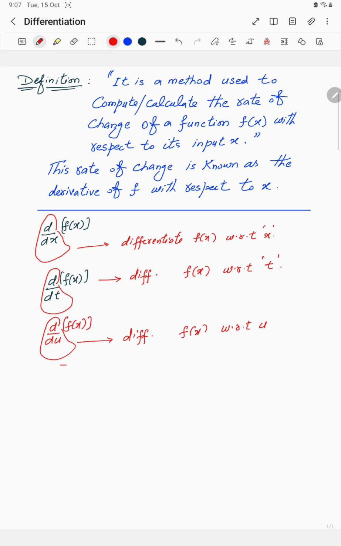And before we start the detail of this, we need to know about the basic rules. As in AS we have done the basic rules of differentiation.